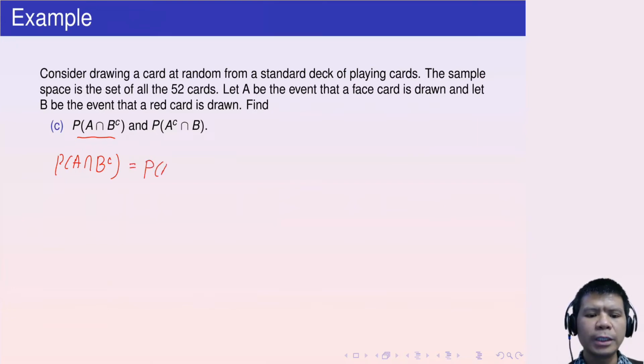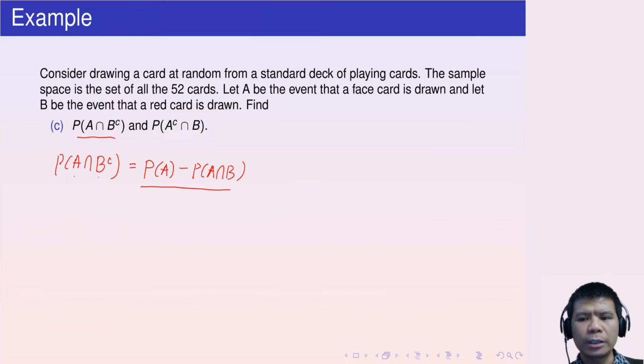By definition, that is probability of A minus probability of their intersection, the difference rule, in A, not in B. So exclude the intersection from A. Therefore, A is 12 over 52, the intersection is 6 over 52, so this is 6 over 52.